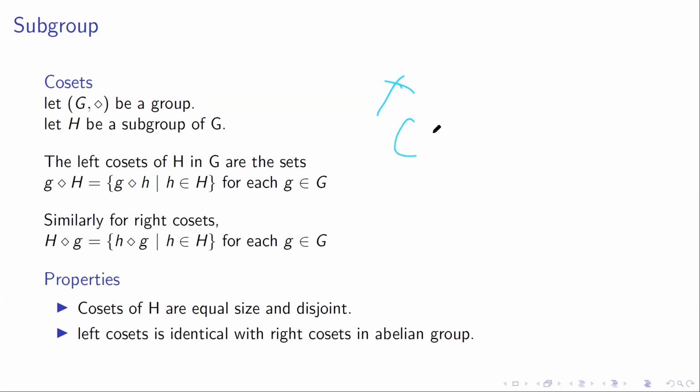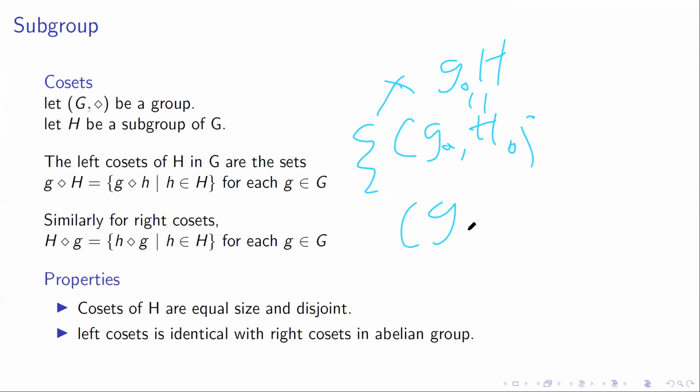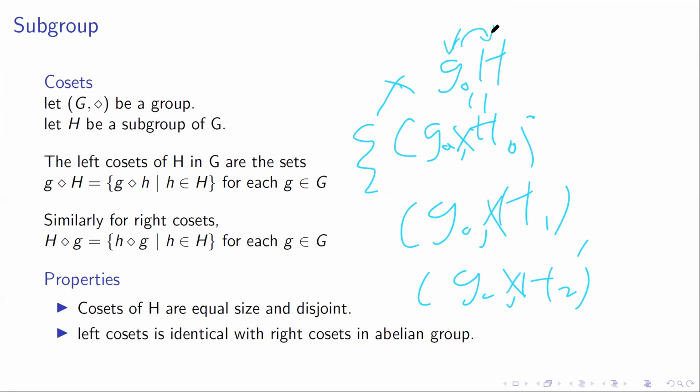But with a power set, you basically have something like, let's say this is H0, so you have this element g0, H1, like this. But in a coset, we can just multiply this together. So it's similar to a power set, but you just take the element g and multiply it with every element in H. Yeah, I think you can interpret it as a power set.